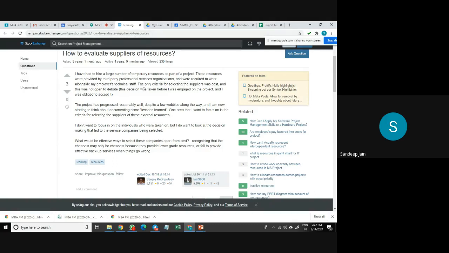So here he is talking about selection of vendors for providing temp resources, and there is fierce competition in the market in this field, because this used to be very good income, and in the US market the margins were pretty hefty.